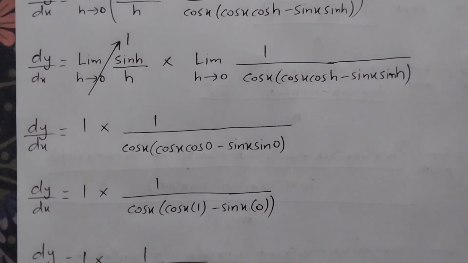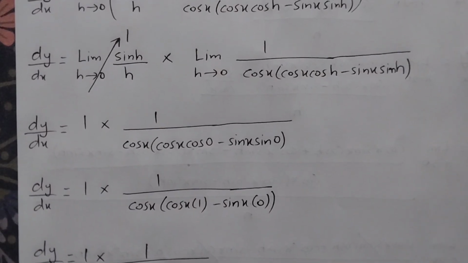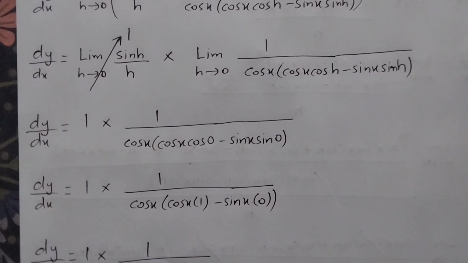So this will become 1 into 1 over cos x into, so h is approaching 0, so we can put h equal to 0 in this expression, because h equal to 0 is not making this undefined. Obviously the functions involving x will remain same. So this will become 1 into 1 over cos x into cos x cos 0 minus sin x sin 0.